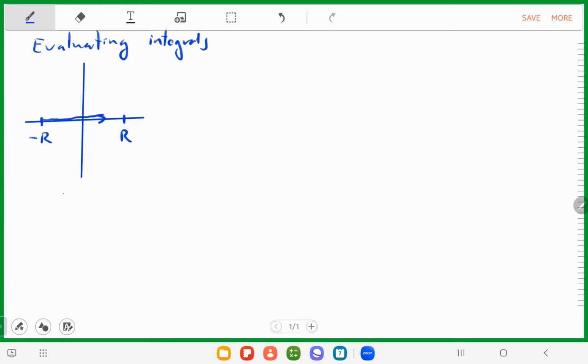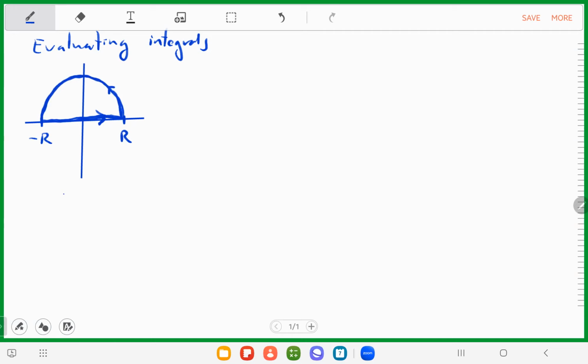So the contour goes along the real axis. So it's very easy to change between a complex variable and a real variable, because that would be just the real part of the complex variable. And then we go back to close the contour on a semicircle of radius r on the complex plane.